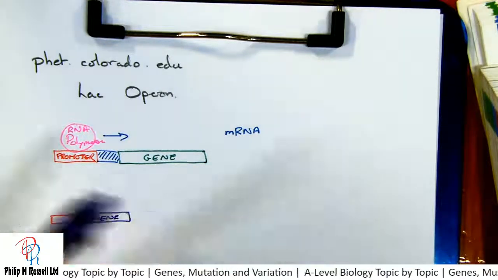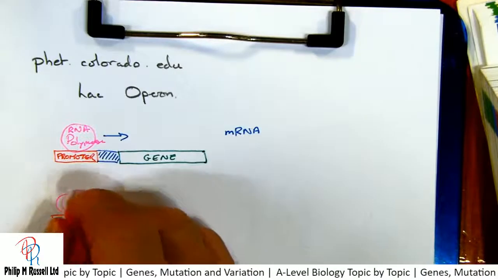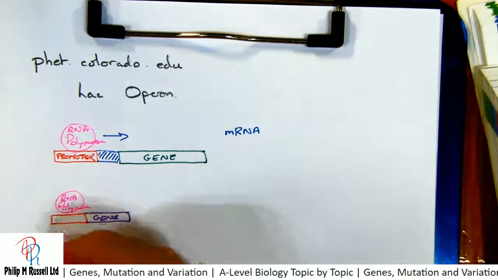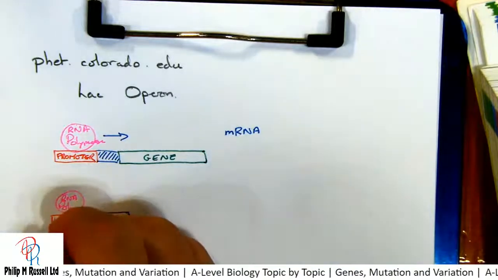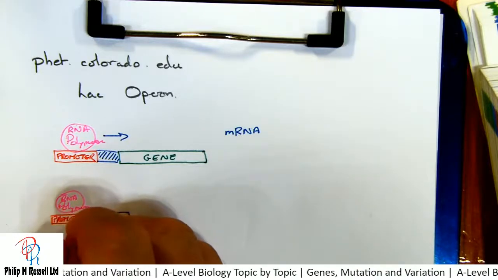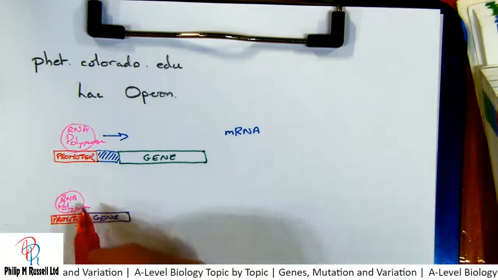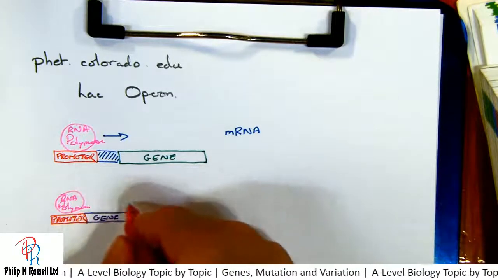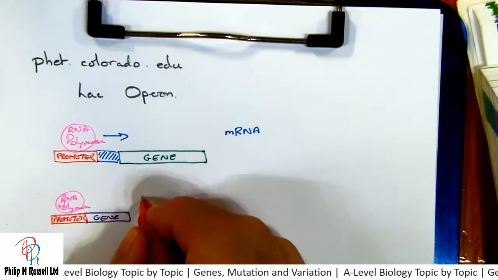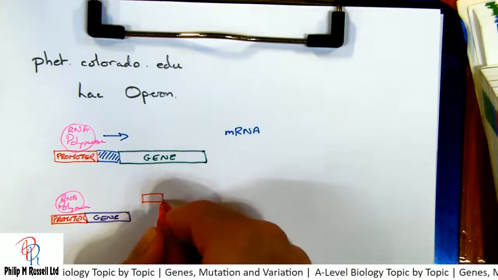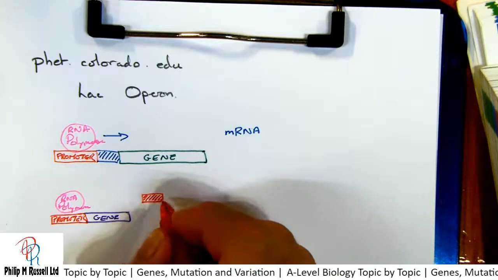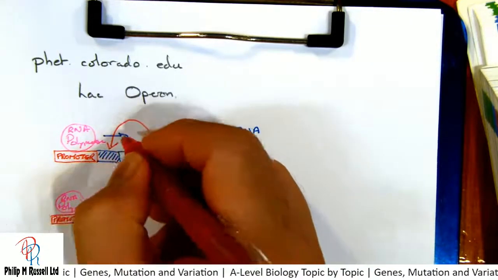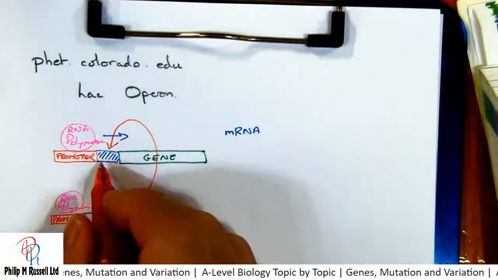So my RNA polymerase goes on here, it binds to this promoter, and having bound to this promoter, it goes along and it produces a little protein, and what this little protein does is it can stick to that piece of DNA.